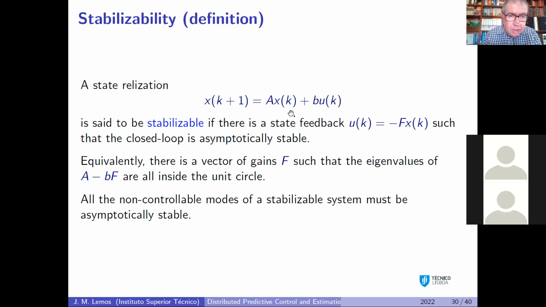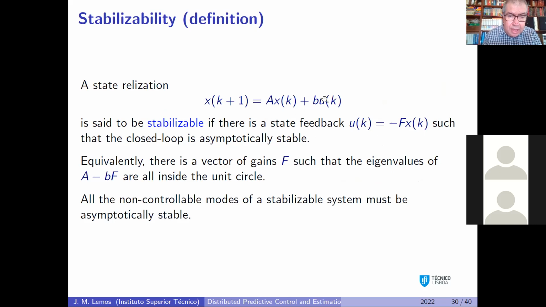Then another important notion is the notion of stabilizability. That is to say, a system is stabilizable if there is a state feedback U equals minus F X such that it becomes stable.